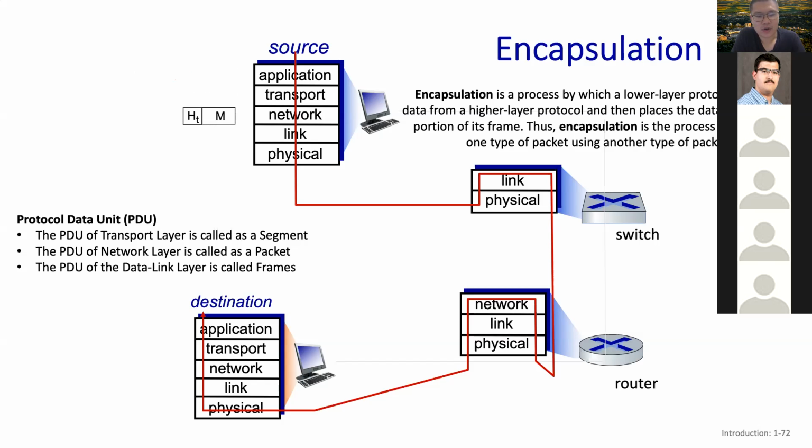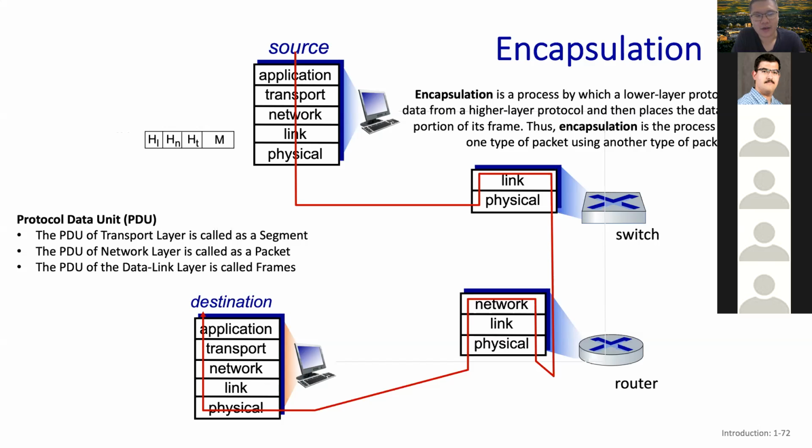At this layer we call the data unit a datagram, and it will encapsulate another small piece of information to the unit and go down to the link layer. We add some more information to the data unit. It's called a frame in the data link layer.